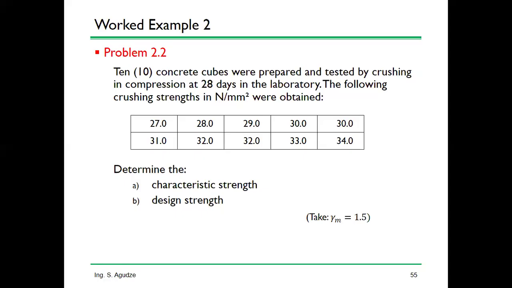The following crushing strengths in Newton per meter square were obtained. Just like in the first one, the calculations were done and these are the results. We are to determine the characteristic strength and design strength, taking the material safety factor to be 1.5.